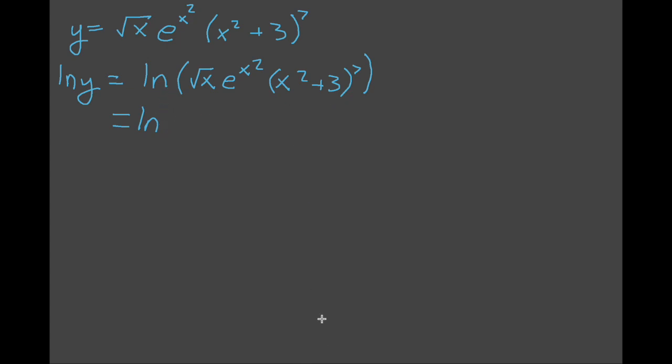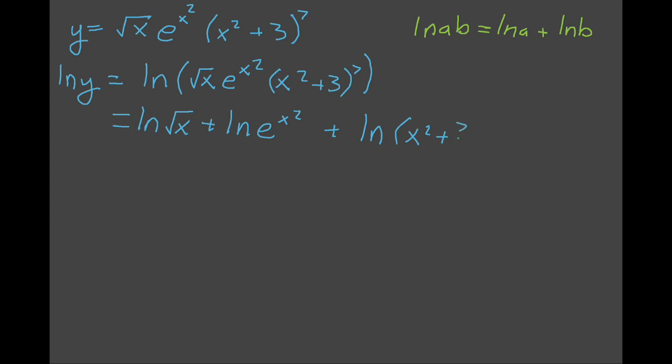So in other words, the natural log of AB is equal to the natural log of A plus the natural log of B. So this will be the natural log of square root of x plus the natural log of e to the x squared plus the natural log of our x squared plus 3 to the 7th power.